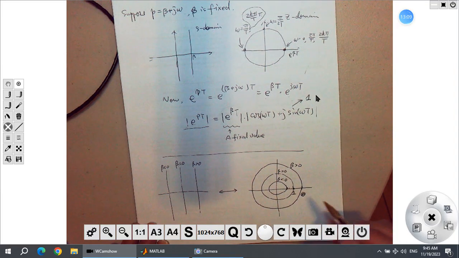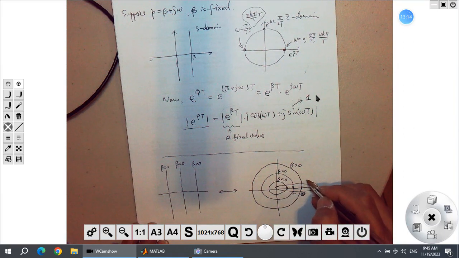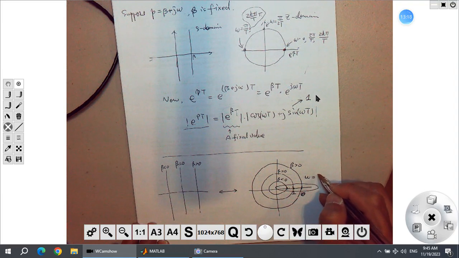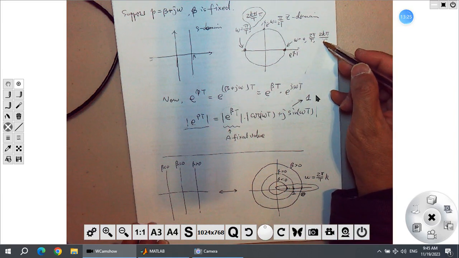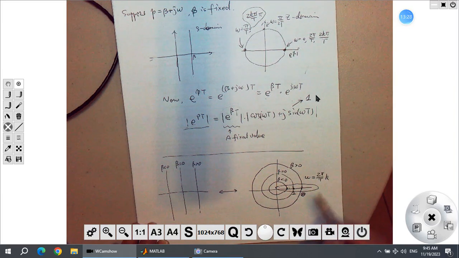And here, this part corresponds to omega equal to 2 pi over t times k, right? And this part corresponds to omega equal to 2k plus 1.